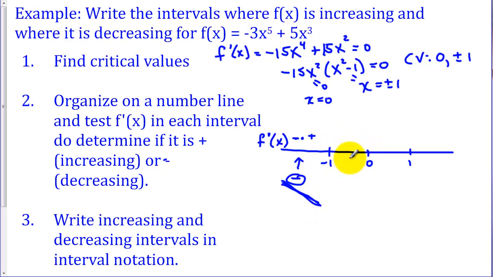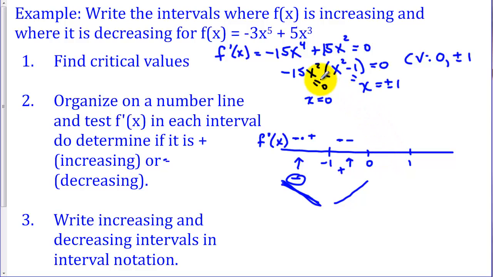Now let's test a point. Let's say we could test negative 0.5. Again, negative 0.5 squared is always going to be positive. Negative times positive is negative, so the first factor is negative. Now 0.5 squared is going to be smaller than 1, so this part here will be a negative number. So we have negative times negative. That gives us positive. So that means in this interval the function's increasing.